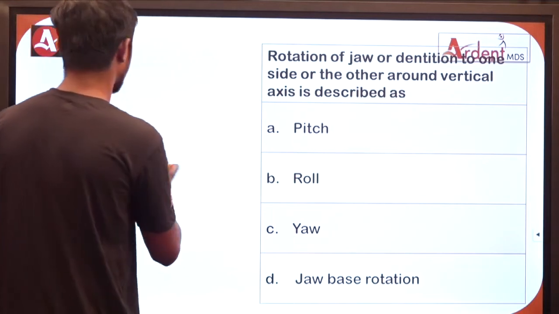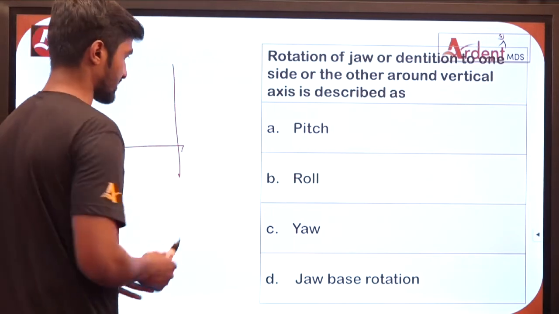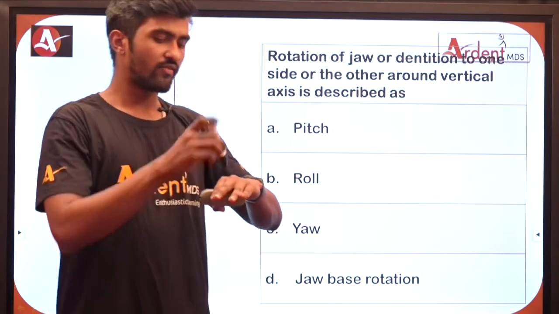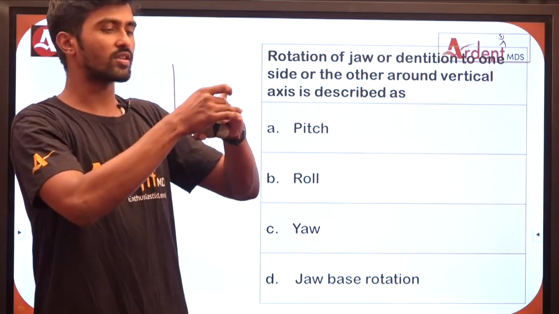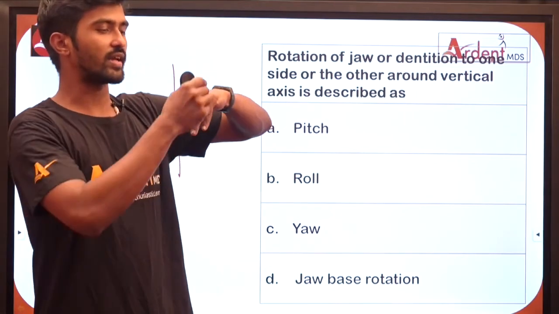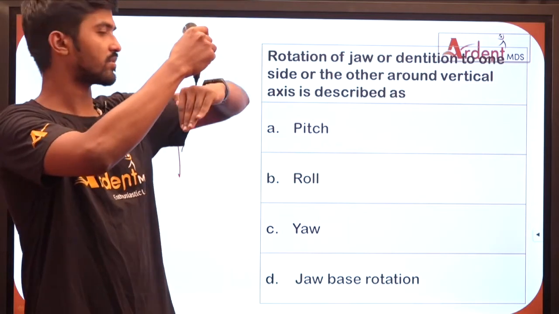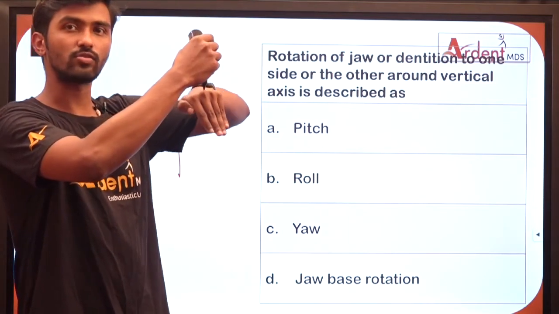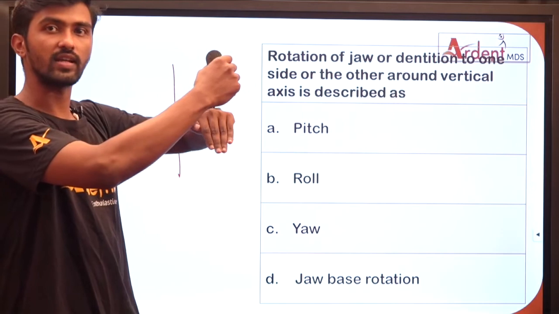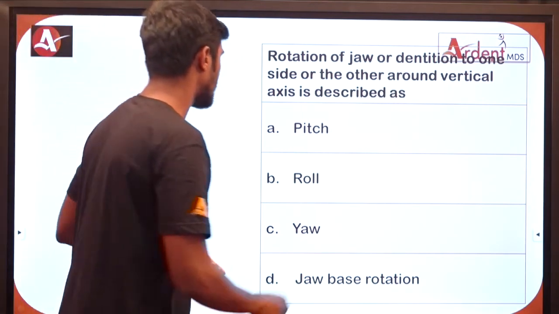We have a horizontal axis, we have a vertical axis. So when we rotate our jaw around the vertical axis, the jaw can rotate like this only, okay. This is how the jaw will rotate along the vertical axis, and this is called yaw.